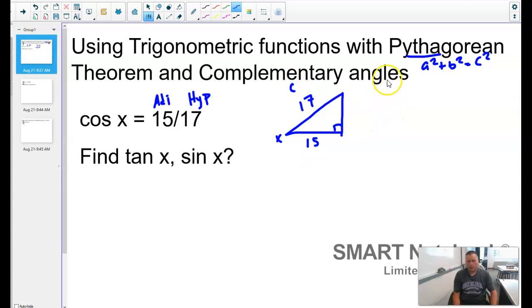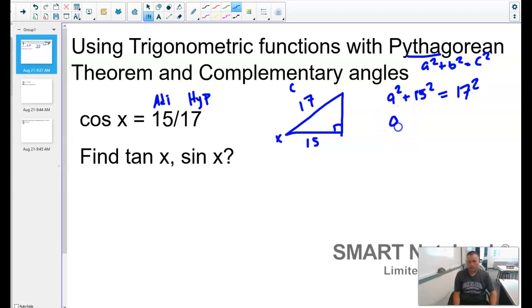So what we want to do is substitute. So I'd go a squared plus 15 squared, because that's what b is, and then that's got to be equal to 17 squared.